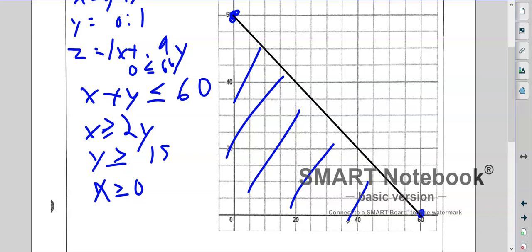All right, x is greater than or equal to 2y. I'm going to do this 0 cover-up method. Actually, that doesn't really work very well. So I'm going to change this into y is less than or equal to 1/2 of x.